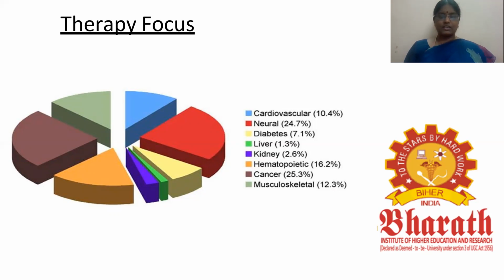It can be used as hematopoietic stem cells 16.2 percentage. It is used to treat cancer by giving therapeutic agents as 25.3 percentage, and also to treat musculoskeletal disorders 12.3 percentage. So we can see the color differentiation in this pie chart, which indicates the percentage of disease cure.